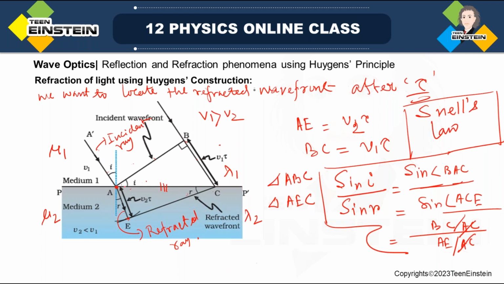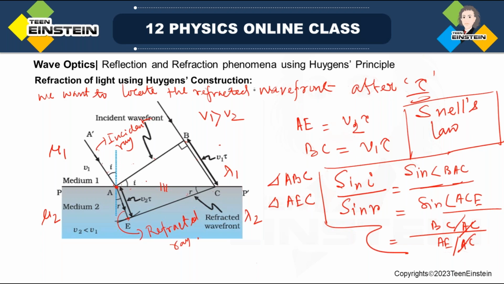So the incident ray, the reflected ray, the refracted ray, and the perpendicular, actually normal to the interface. See, this is the incident ray, this is the refracted ray, and the normal to that interface is in the same plane. So that is what we had to discuss there.